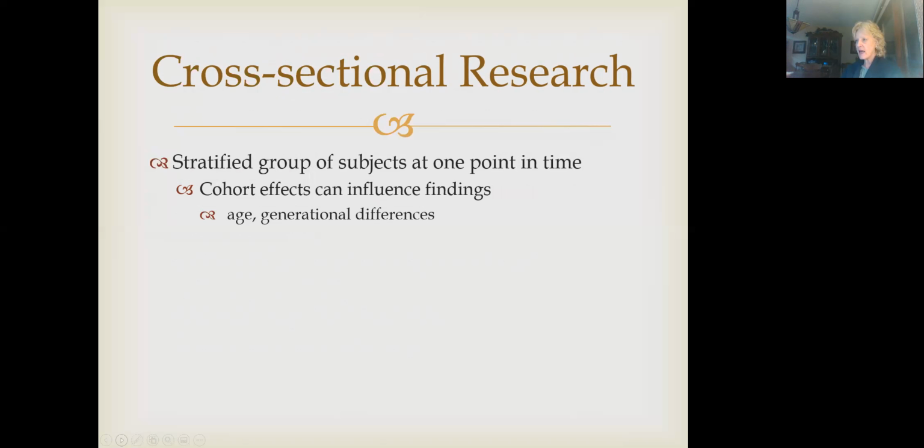So as I said, we may want to do a cohort of 3-month-old, 6-month-old, 9-month-old, or they can be age or generational differences. They could be cohorts by treatment, but you want to stratify: you get everybody at the same time, but you stratify by group.